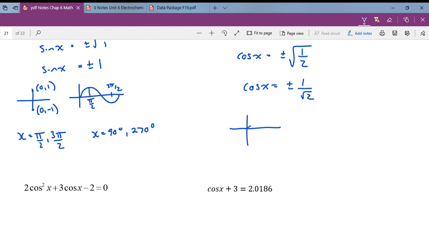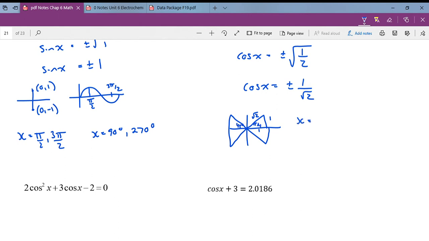Well, if you think of CAST, cosine is positive in the first and the fourth quadrant, and it's negative in the second and the third quadrant. So I'm looking for absolutely every answer, in other words, every answer with the same reference angle in each quadrant. So I'm looking for where the adjacent is 1 and the hypotenuse is root 2, or the x is 1 and the radius is root 2. So that's my 1, 1, root 2 triangle. So I'm looking at a reference angle of pi by 4 or 45 degrees.